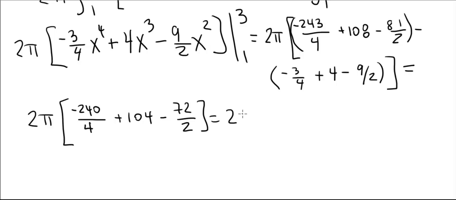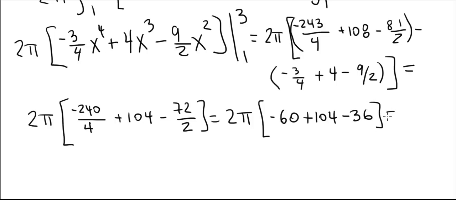So this is 2 pi times 240 over 4, that's negative 60, plus 104, plus minus 36, and that's minus 96 plus 104, that's 8, times 2 pi. The final answer is 16 pi.